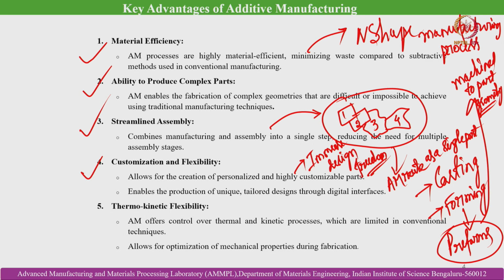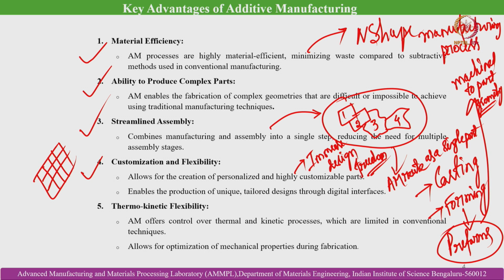So, that is why the material can be either in powder form or in wire form. They can be directly melted or also sintered, and then the required shape of the object can be made. For example, lattice structures can be made quite easily in 3 dimensions using additive manufacturing, which is otherwise very difficult to make by conventional manufacturing techniques.